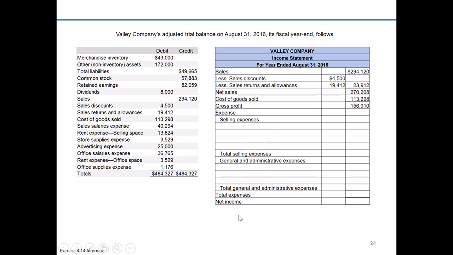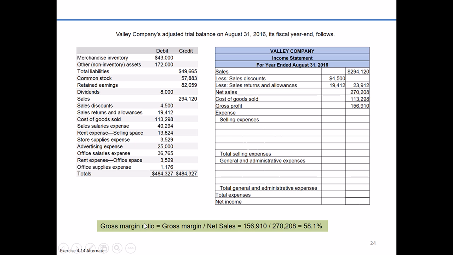I also mentioned, while not a required part of this problem, but a concept discussed in your book is the gross margin ratio, also called the gross profit ratio. You would take the gross margin, in this instance it would be 156,910, divided by net sales, which here is 270,208, and arrive at a percentage of 58.1%.